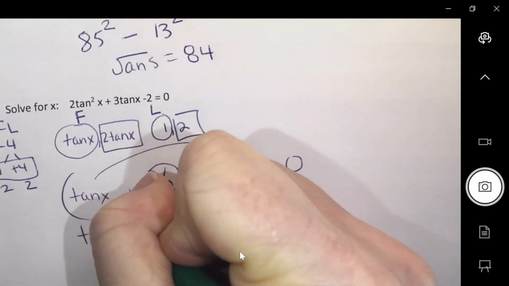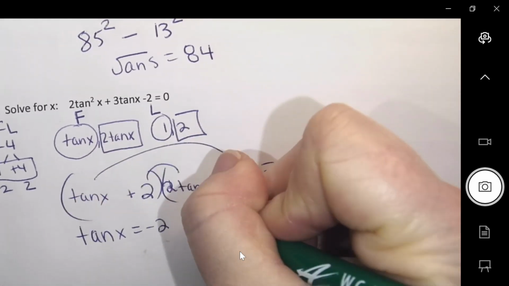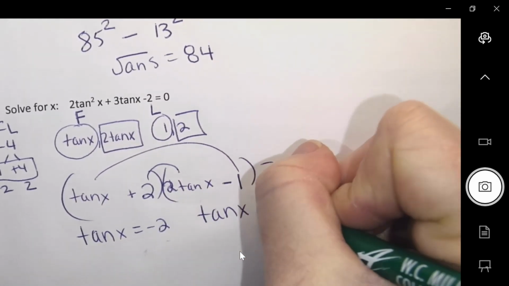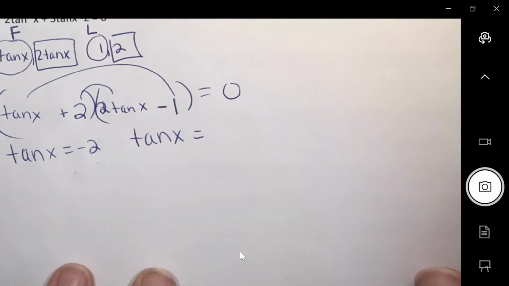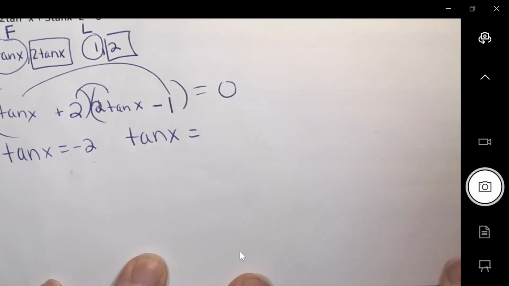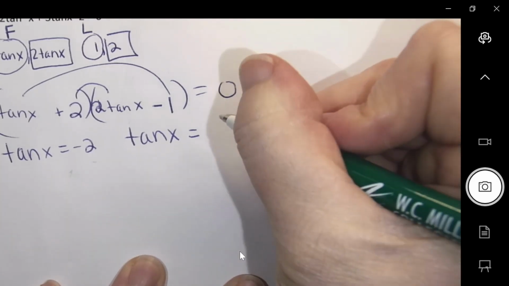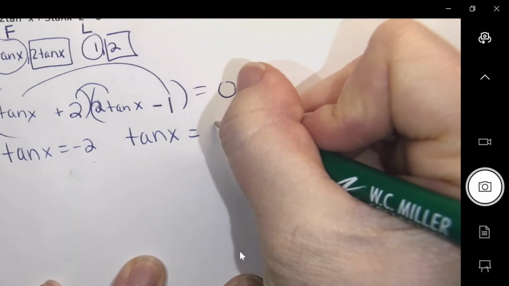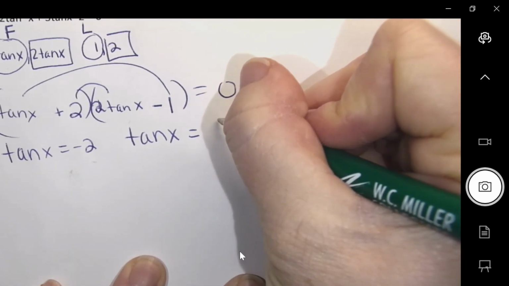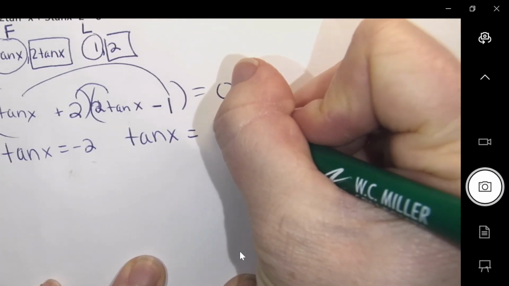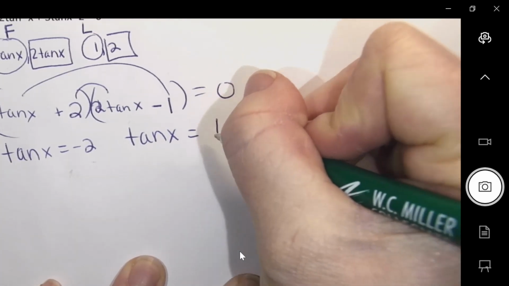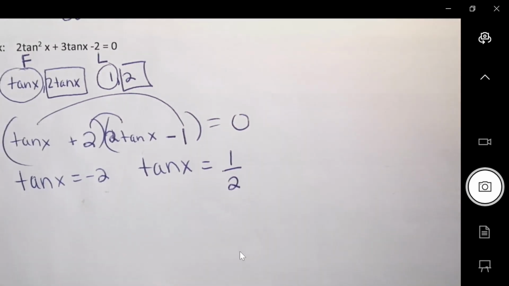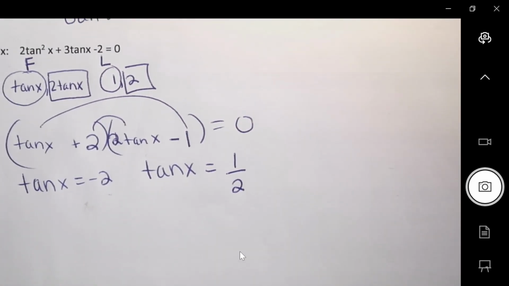So tan x equals -2, and tan x equals +1 over 2.